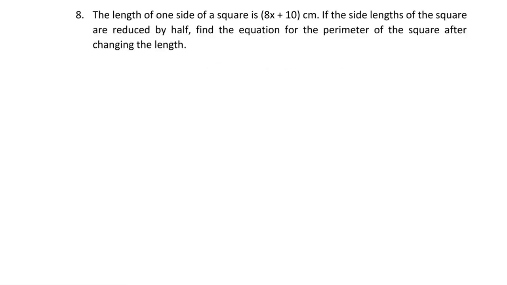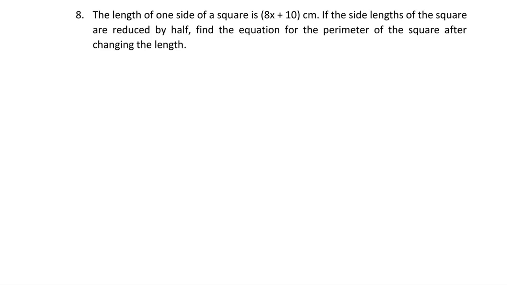Question number 8. The length of one side of a square is 8x plus 10 centimeters. If the side length of the square is reduced by half, find the equation for the perimeter of the square after changing the length.